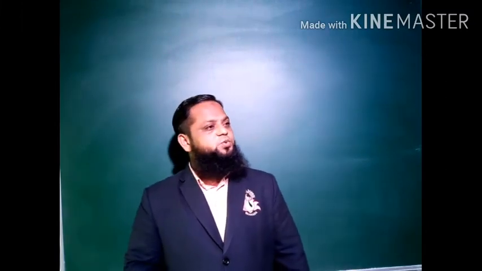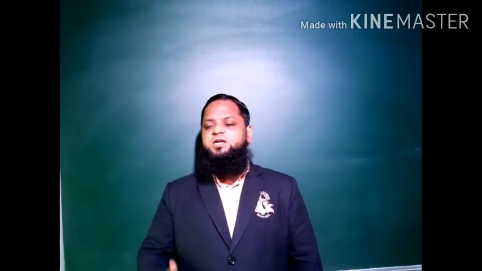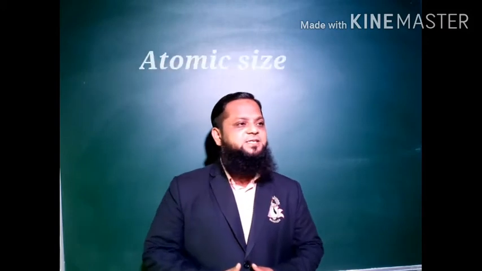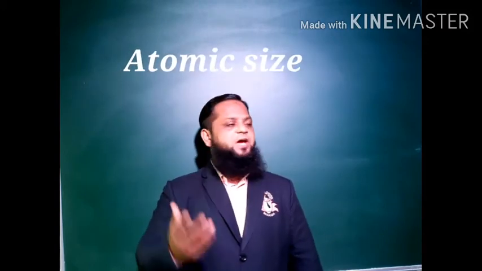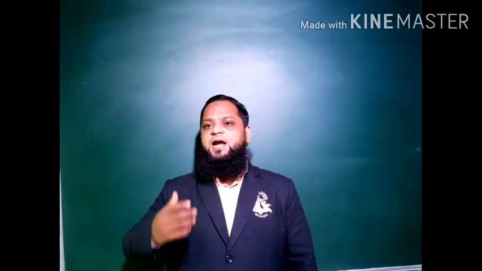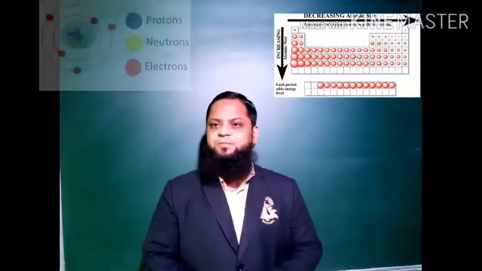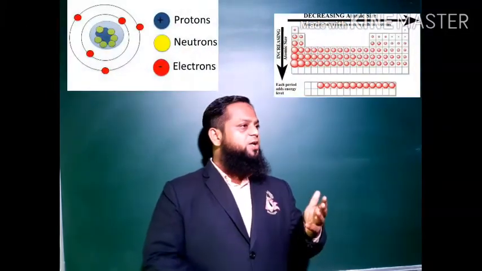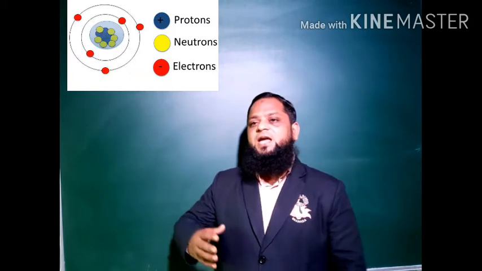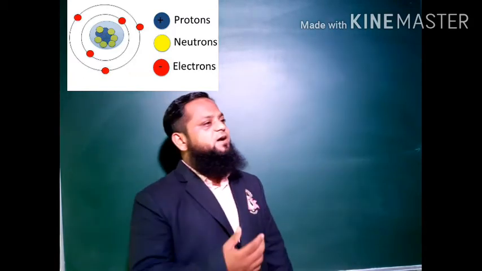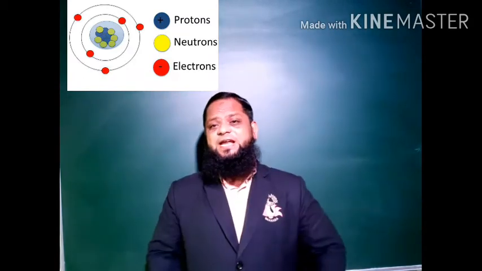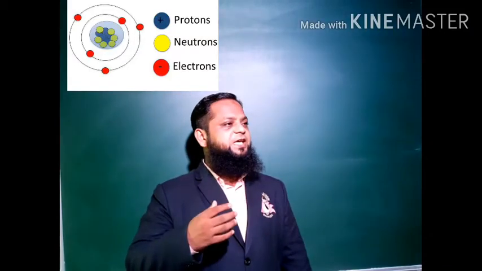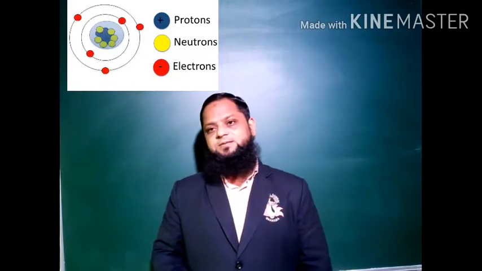Today we are going to learn the concept of atomic size. We have learned that at the center of the atom is the nucleus, and there are moving electrons in the extranuclear part.